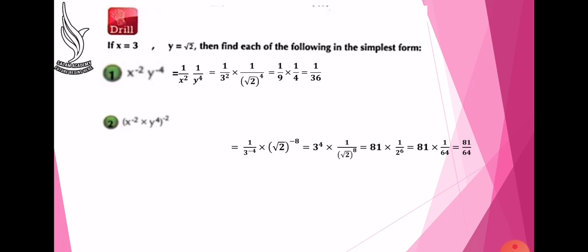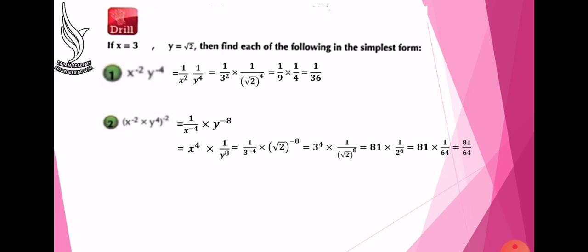Number 2, (x^negative 2 times y^4)^negative 2. It will be 1 over x^negative 4 times y^(4 times negative 2), which is y^negative 8. 1 over x^negative 4, which is x^4. And x^4 equals 3^4, which is 81.